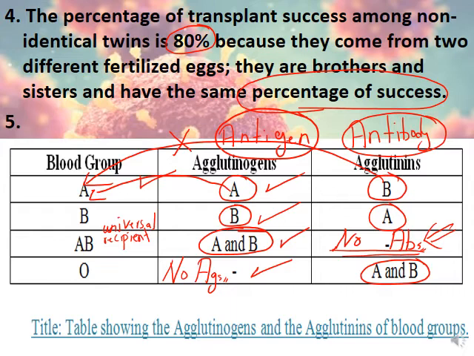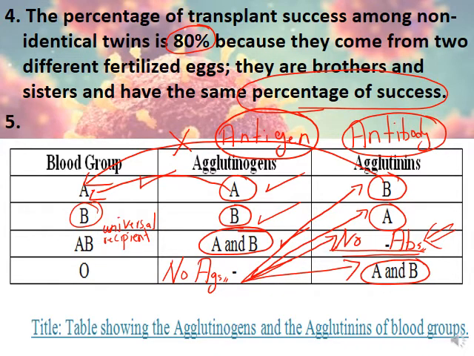In the recipient, blood group A has antibody B, so no antigen, so it can work. Blood group B has antibody A, so no antigen, so it can work. Blood group AB has no antibodies, so it works. And O for O, here it works.